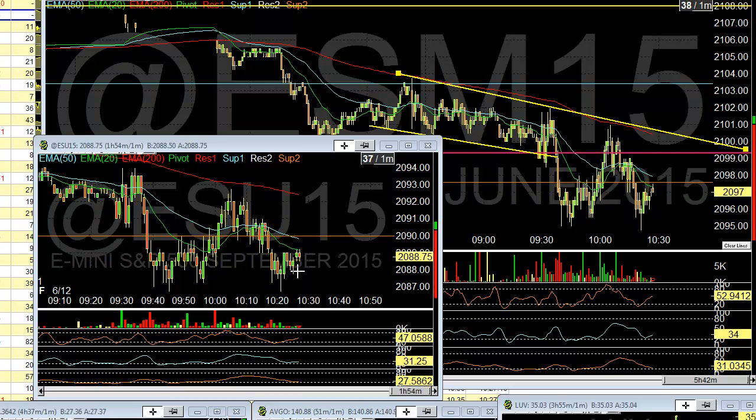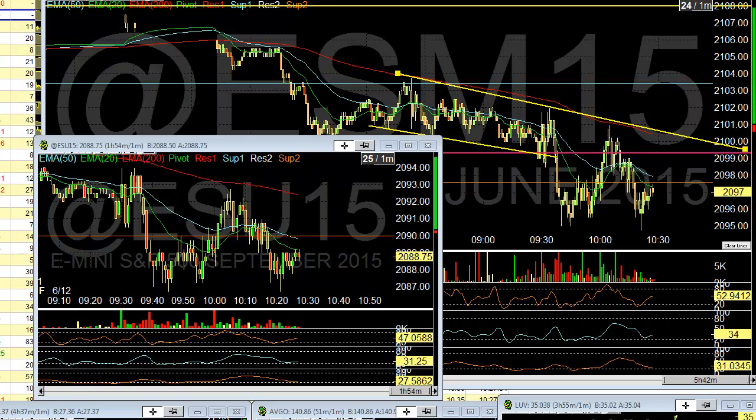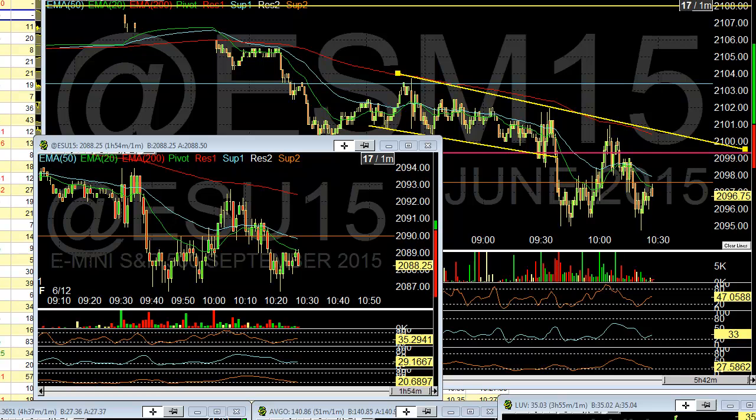But it already moved up, already pushed up against the 20-period moving average, and the risk-reward benefits are not like they were a few minutes ago. So we're going to wait for that next setup. Just to let you know, this is what that video is going to be based on. The next setup, I'm going to show this live, and we'll come back to it when everything's setting up, and we'll take that trade.